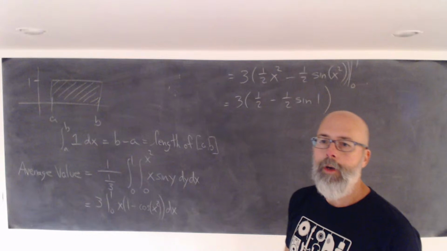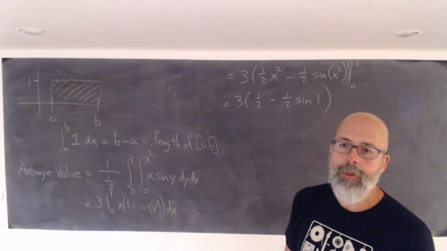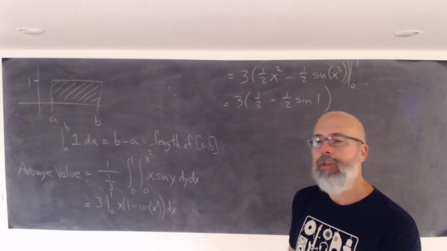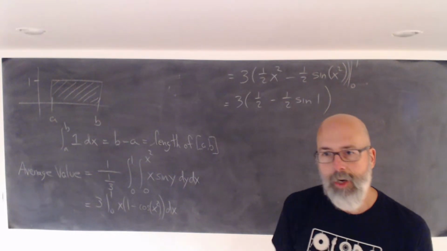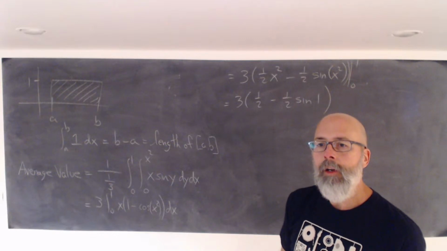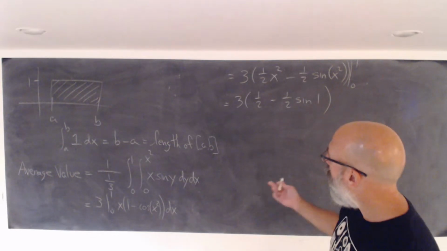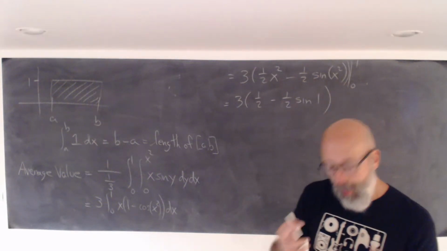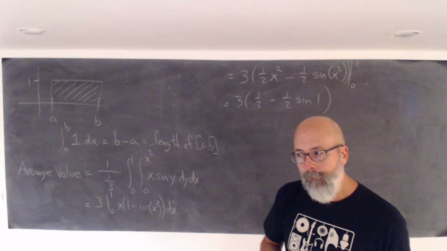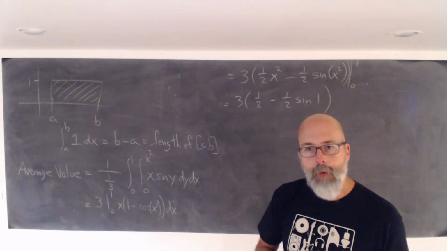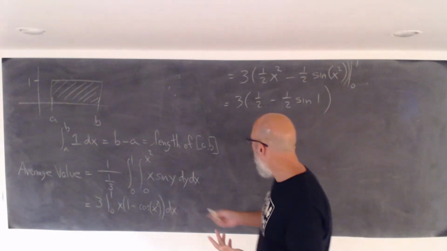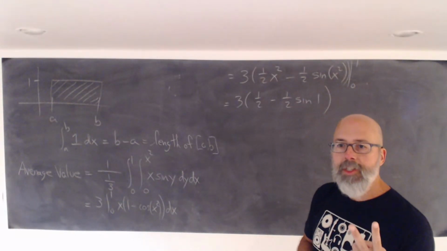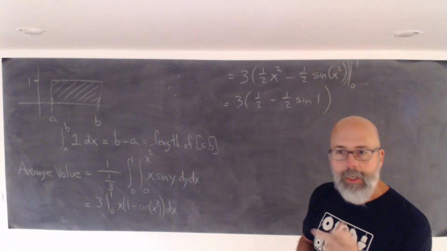What if one of x, y, or z were constant? Would the triple integral be needed for the volume? Well, it's not necessarily needed. Compare with what we just did. To evaluate an area, you have two options: you can set it up as a single integral, or you can set it up as a double integral and integrate 1.